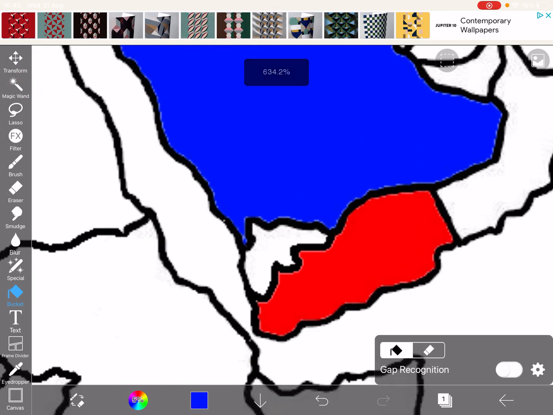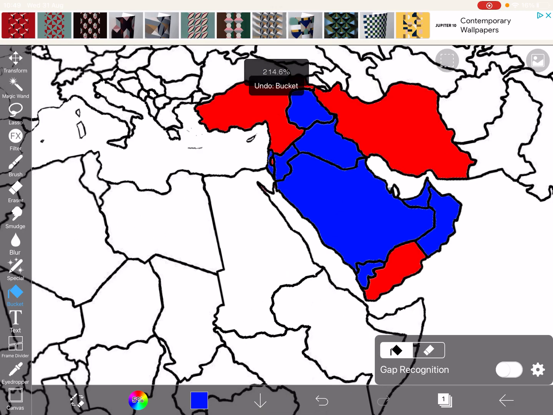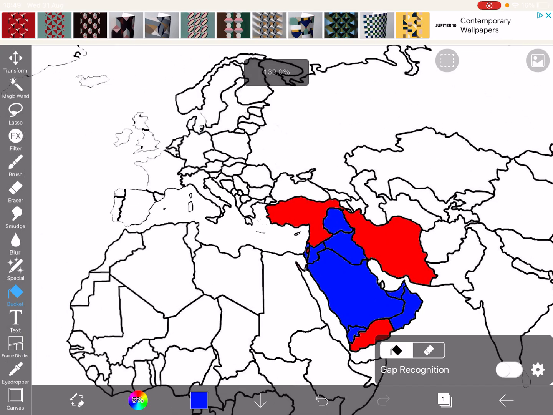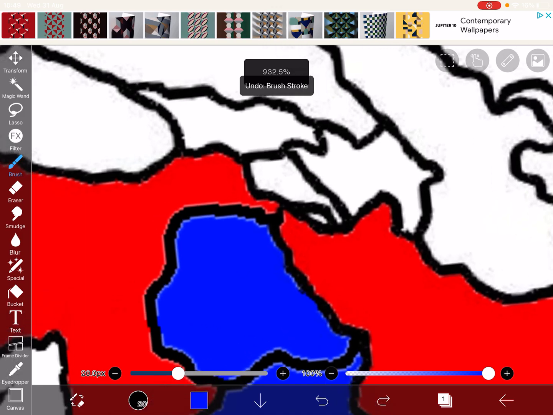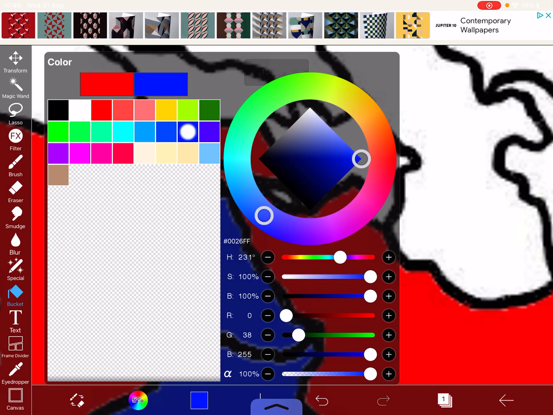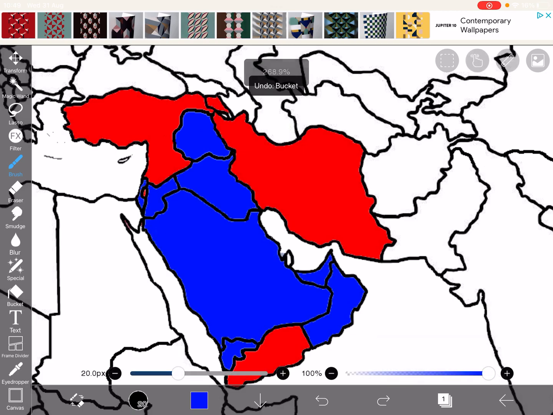And this in turn declares a full-out Middle Eastern war. Now, this is all the Middle East at war. Absolute carnage. We actually see Armenia, who is part of the CSTO, also joins the red side. And Azerbaijan is in... yeah, I went over there, so they won't be joining.